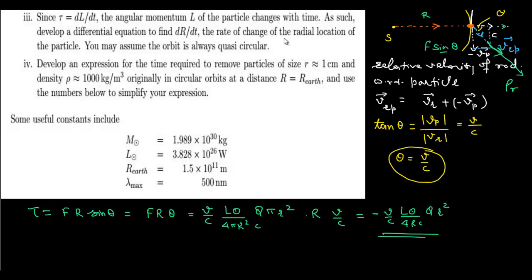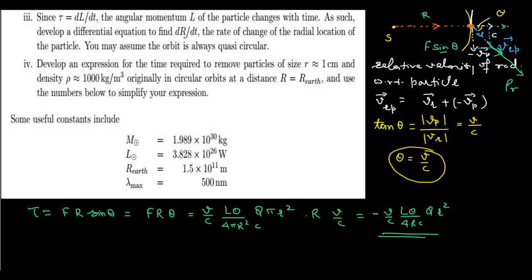So we have to find this dr by dt, the rate of change of radial location, because the solar radiation is trying to sweep those particles away or blow them away. This means if the radiation pressure is sufficiently larger than the gravitational force, this distance r will keep on increasing. Clear? So we have to find out here this dr by dt.